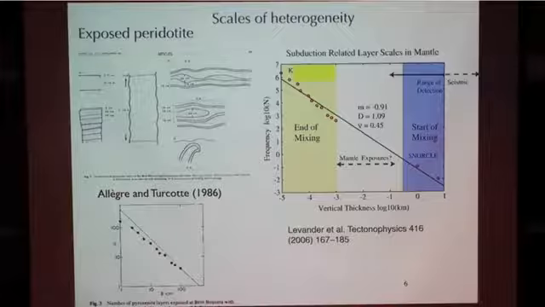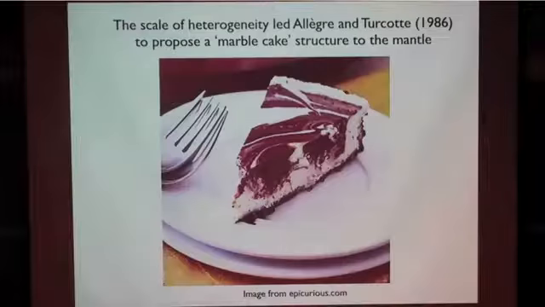And then a few years later, Alan Levander and his colleagues did a seismic experiment in which they also looked at scales of heterogeneity, and then they took this chart and put it on the same scale, and proposed that there may be basically a spectrum of heterogeneity in the upper mantle that really falls along a straight line along this log plot, implying a spectrum of heterogeneity of that sort. So that's something to keep in mind.